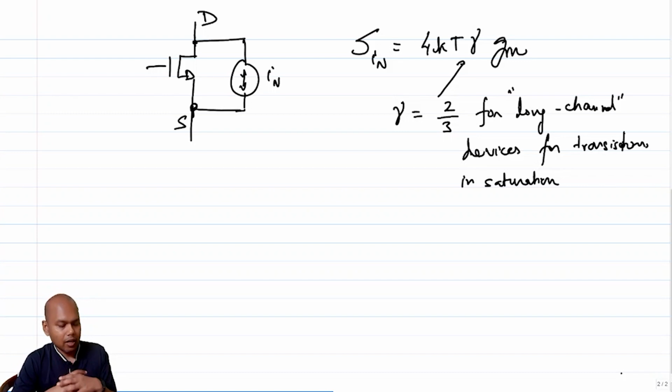Now note that noise by definition is a disturbance, but it's a small disturbance, right? You do not expect the noise to be more than the signal. If the noise is more than the signal, you will not be able to detect anything.